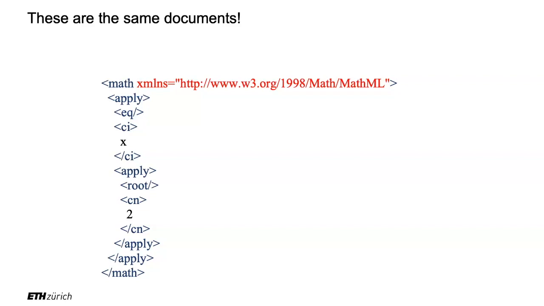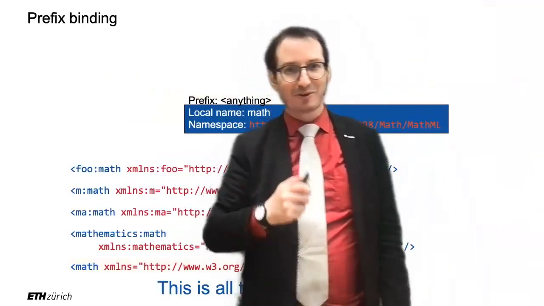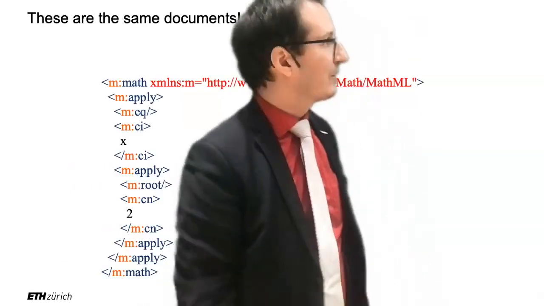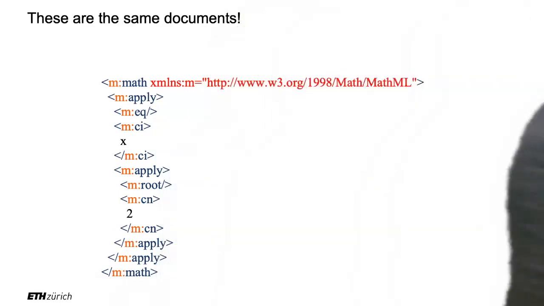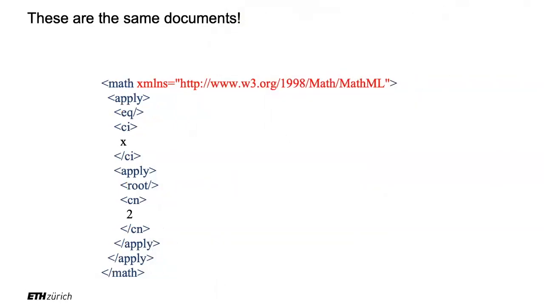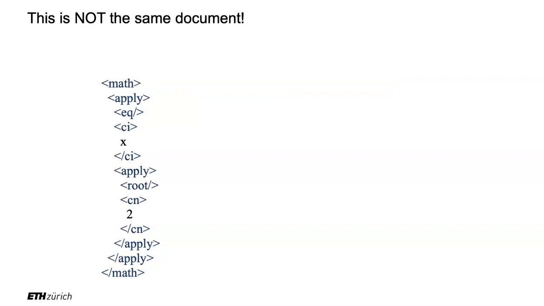Do you agree that these documents are terrible? This document here is the same document as this one. Who agrees? Just in one case, I use a prefix, and in the other case, I use the default namespace. But it's not the same as this one, because in this one, there is no namespace at all.